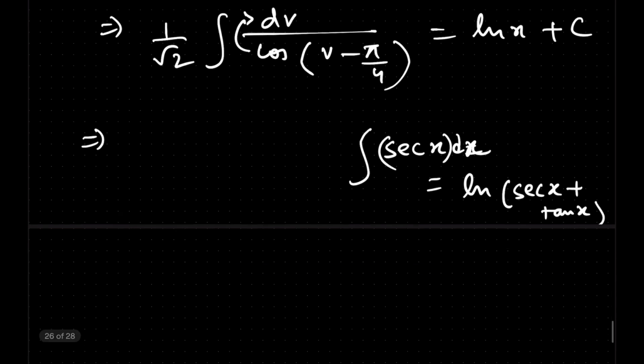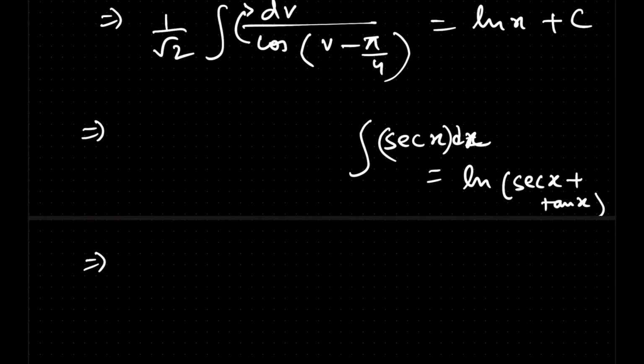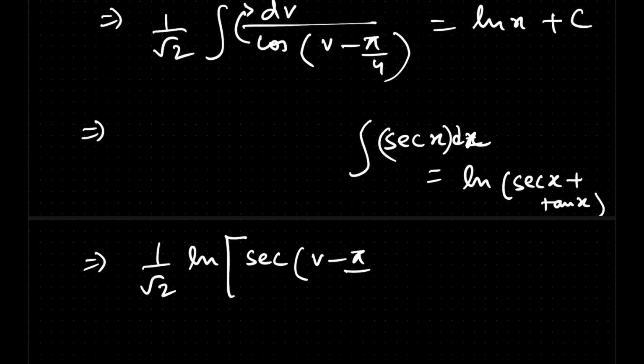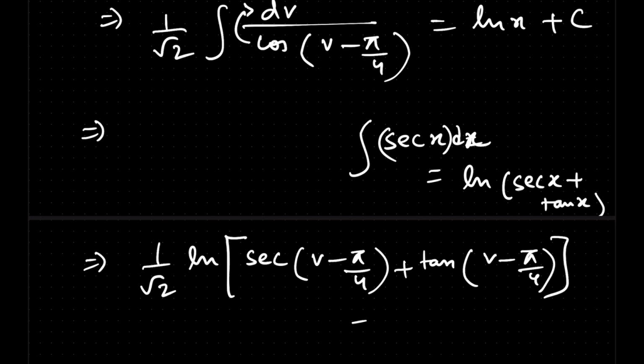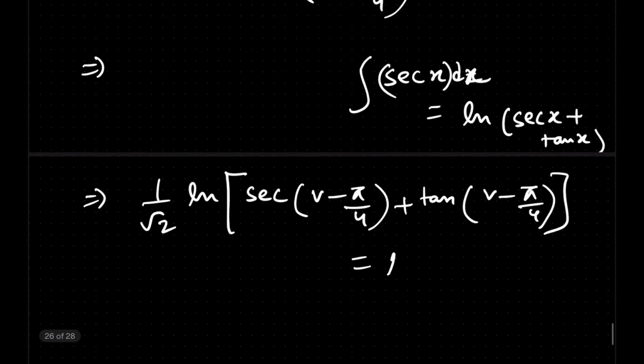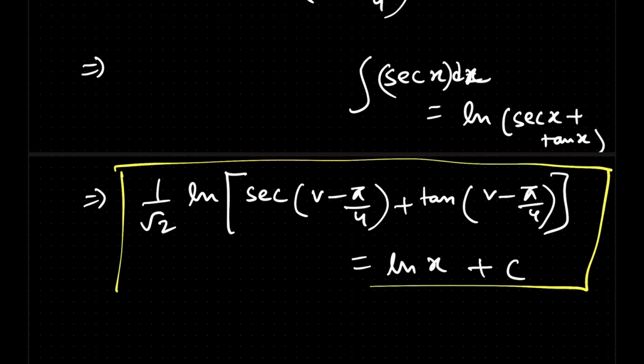Applying this, it becomes 1 by root 2 ln of sec of v minus pi by 4 plus tan of v minus pi by 4, and on this side you had ln x plus c. So finally this is your final answer.